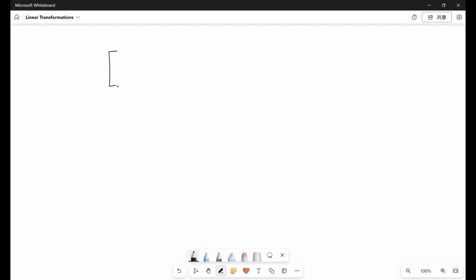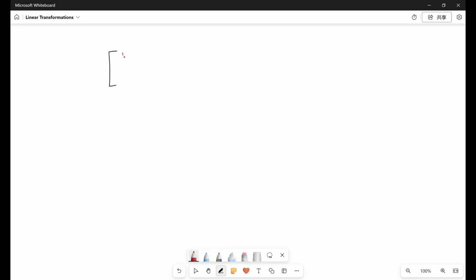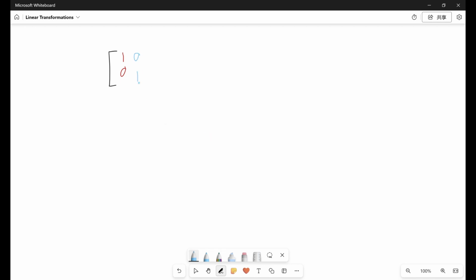So how are matrices associated with this in the first place? Well, one thing we can do is put the original basis vectors into a matrix. So how do we put them into a matrix?